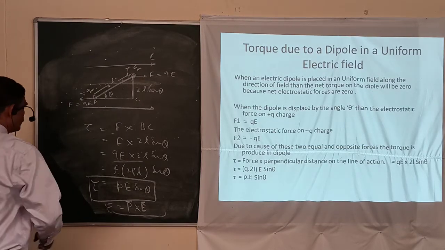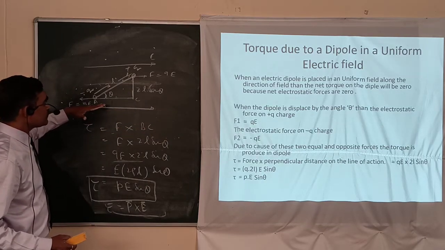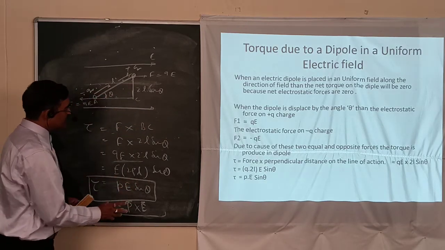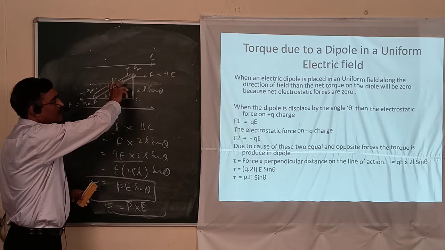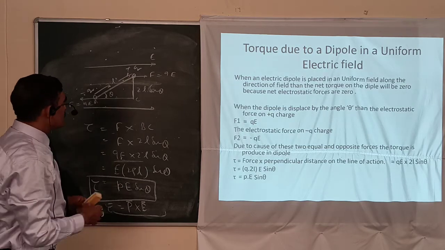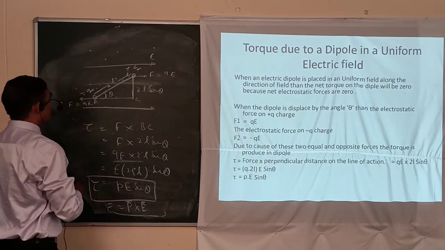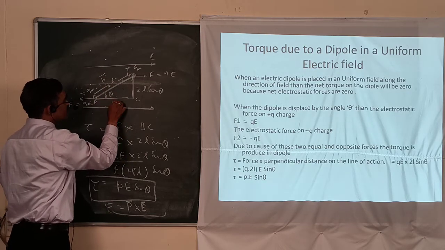Now one important thing which we are going to discuss. The tendency of this torque is to rotate the dipole along the direction of the electric field. Here you can say that the direction of P is this and the direction of E is this.